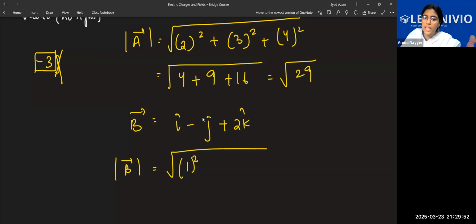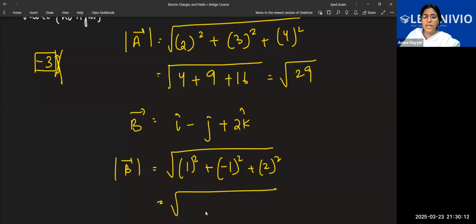But here beside j cap we have -1, so plus we'll have -1 whole square. When you square it, it will come out to be 1. Likewise, k cap's coefficient is 2, so we have 2 square. So this will be 1 plus 1 plus 4. So this is root 6.